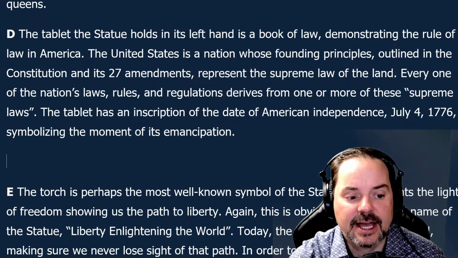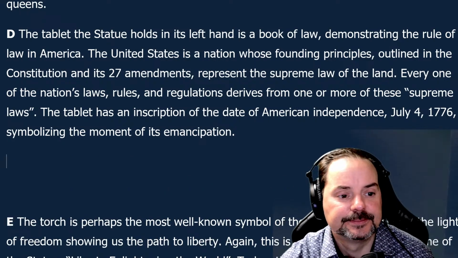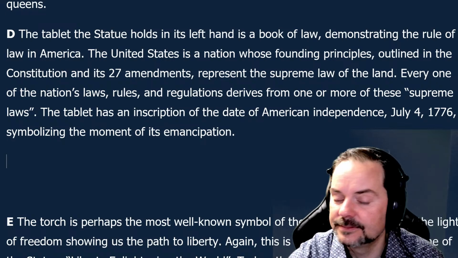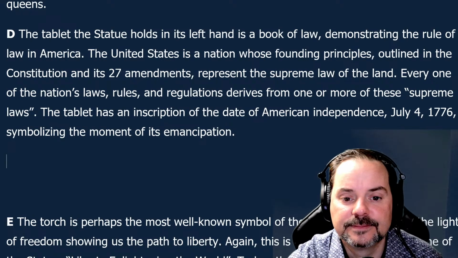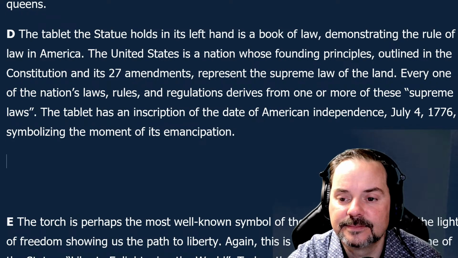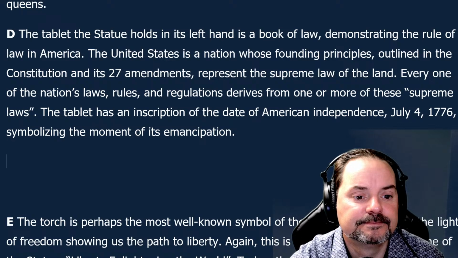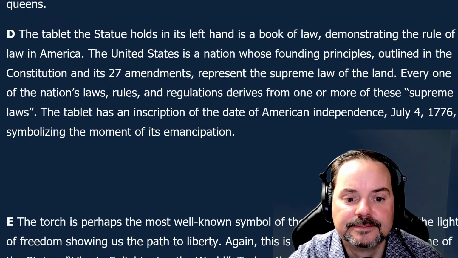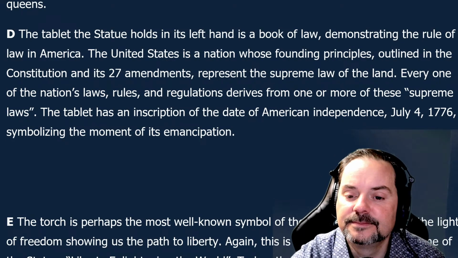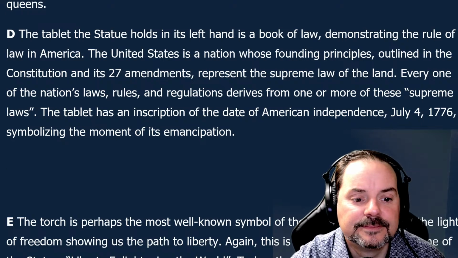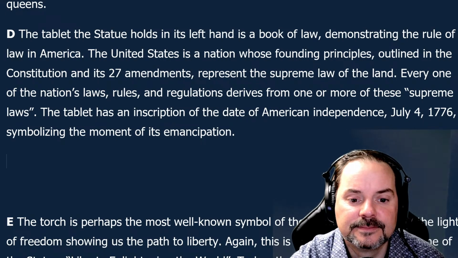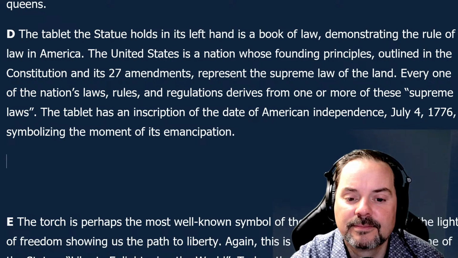Okay, go ahead and read that, Fuang. Okay, sir. The tablet the statue holds in its left hand is a book of law, demonstrating the rules of law in America. The United States is a nation whose founding principles, outlined in the Constitution and its 27 amendments, represent the supreme law of the land.